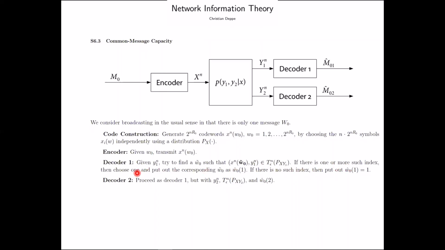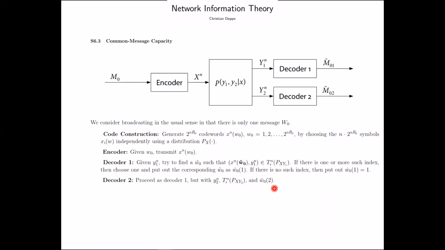We always choose the first in the list. And if we don't find something, then it's an error. We just put out then the message one. And the same is done by decoder 2. We just change all ones here, y1^n to y2^n, and then we proceed in the same way.